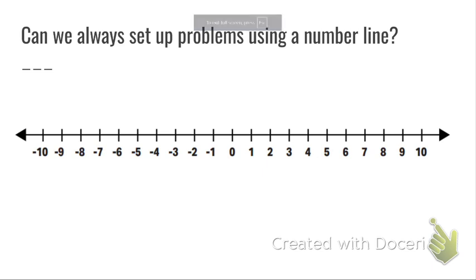Would it always be handy to use a number line when we're doing that addition and subtraction work? Think about my number line here. Can you think of any time you need to add or subtract numbers, but the numbers are bigger than 10? Probably lots of times, right?